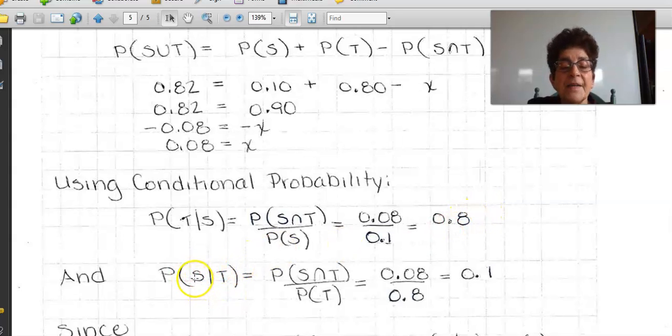Here's the probability of snow given that a traffic jam occurred. I have the probability of the two events occurring together on the top, 0.08, and the probability of the traffic jam occurring on the bottom, 0.8. When you divide that out, you get 0.1, which you might remember was the probability of snow by itself.